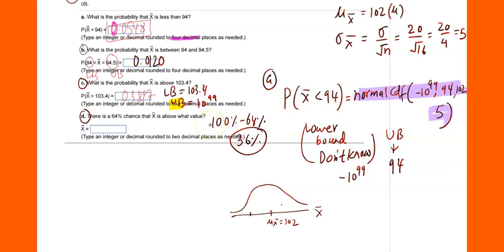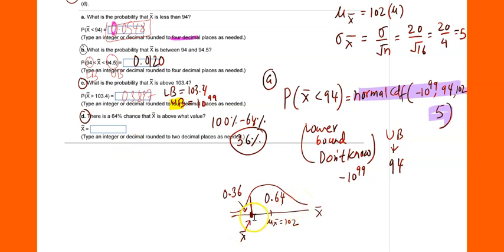Therefore, I'm looking for this point here, this x bar, from where the area on the right is 0.64, because it's above what value, okay? Therefore, 64% area is included on the right of x bar. On the left of x bar is going to be 0.36, okay? Remember that if you add them, you're going to get one area.